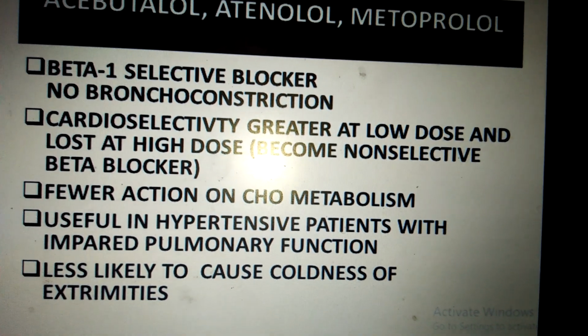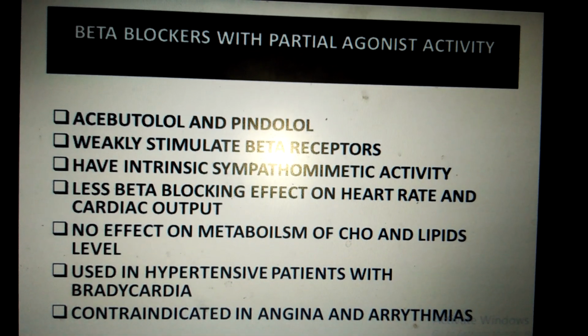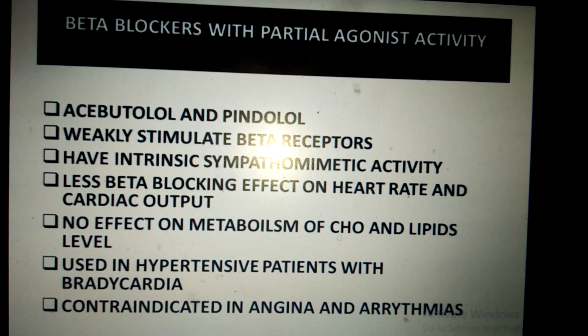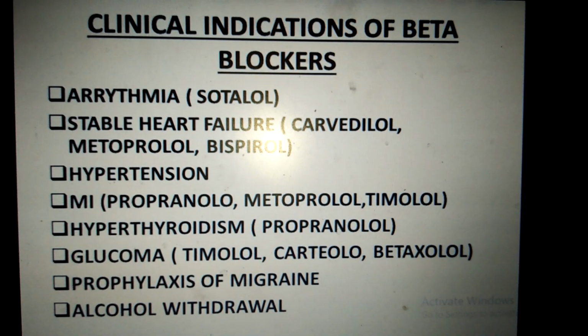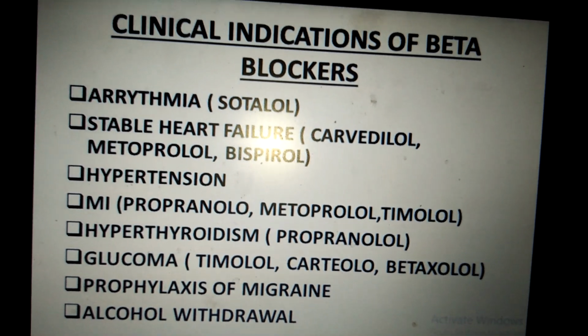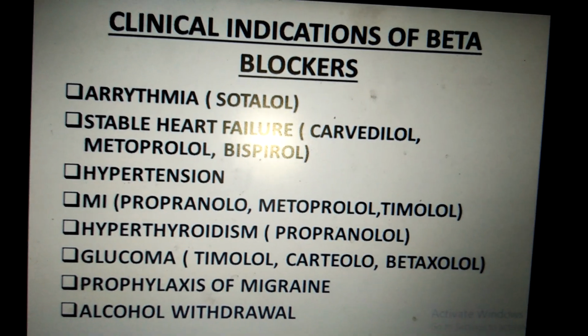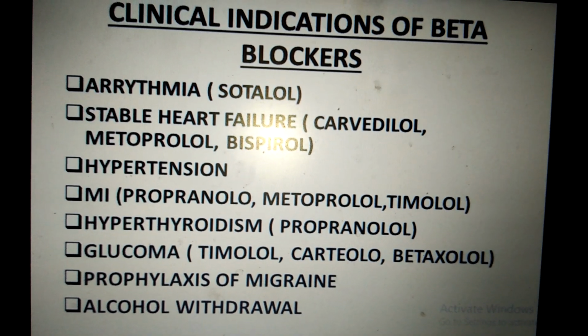I have already discussed these things. This I have also done. So these are the clinical indications of beta blockers. Number one is arrhythmias, number two is stable heart failure.